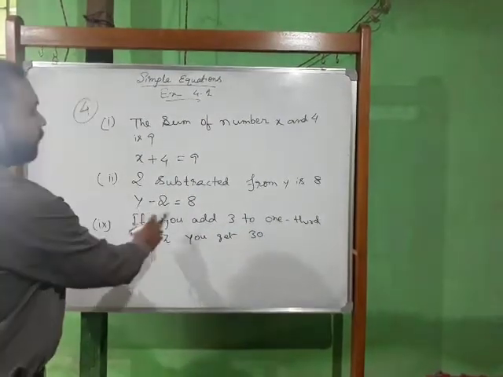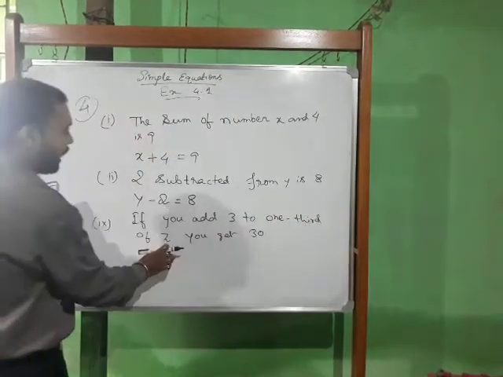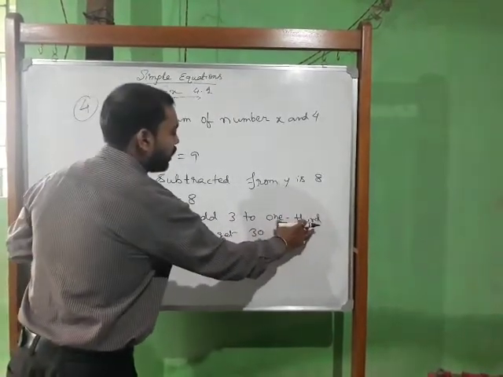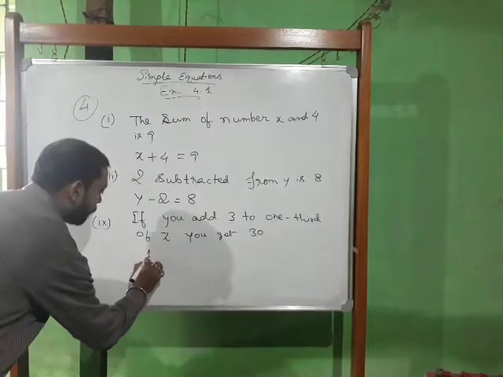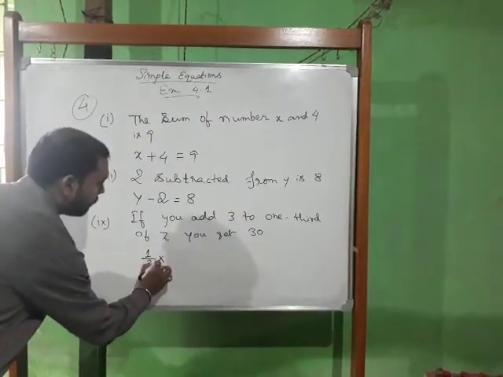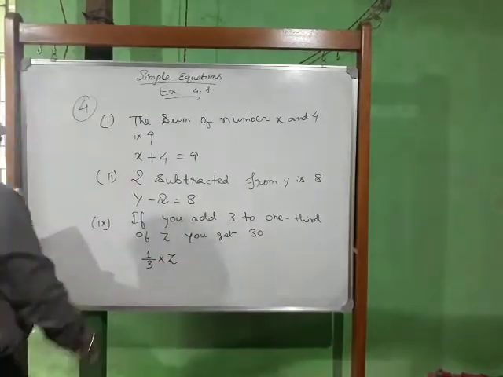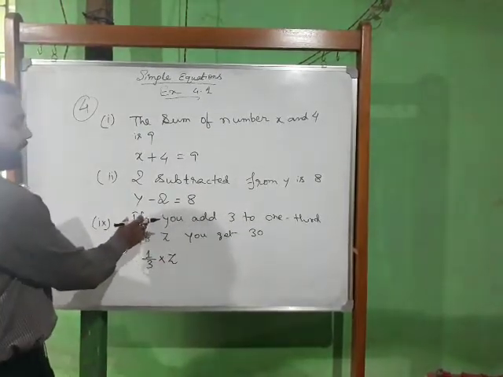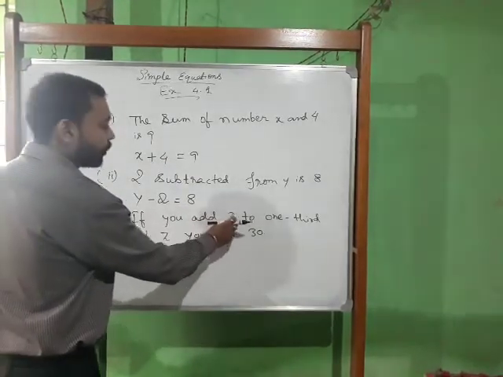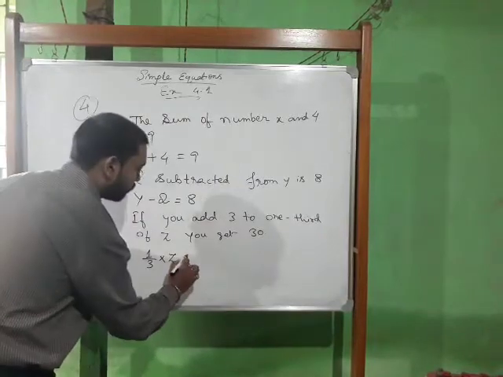Now you see, if you add 3 to 1/3 of z, so what is 1/3? 1/3 means 1/3 of z. Of means multiply. So 1/3 times z. Now again you read the statement, if you add 3. Add means plus.